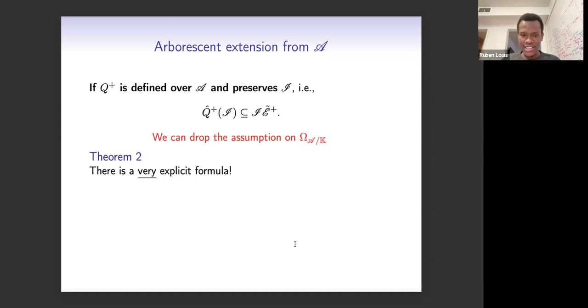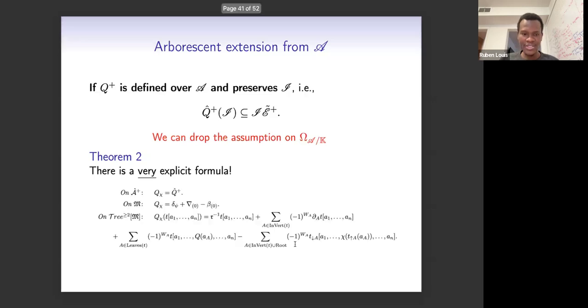For example, let me put a picture of this formula for you, to show how explicit it can be. And here again, the notation is kind of different, but A plus is what I call E plus here.